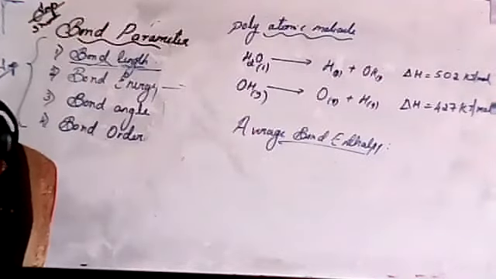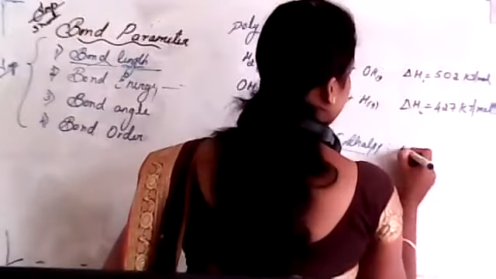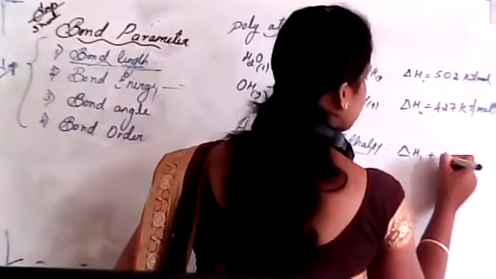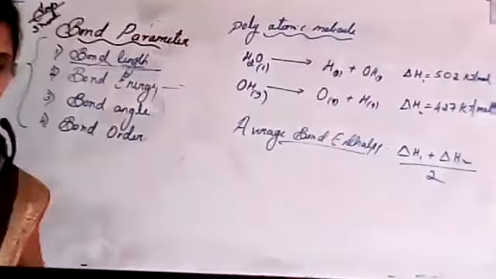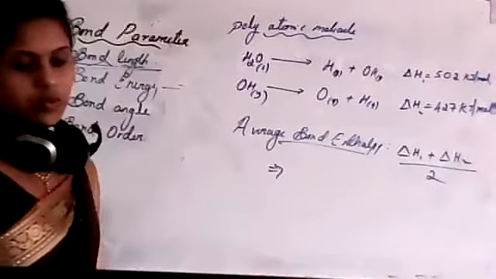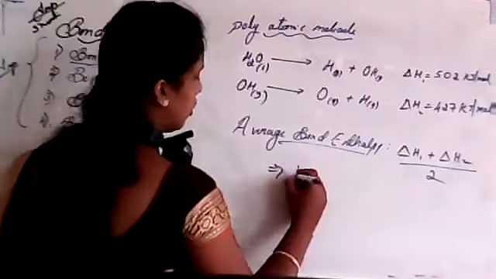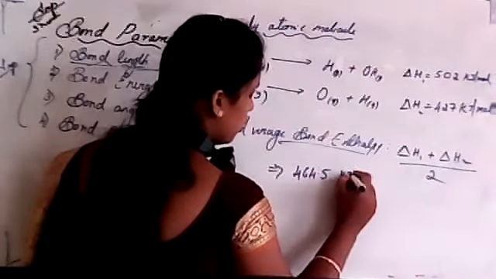Average bond enthalpy for water, if I consider the two steps as 1 and 2, is delta H1 plus delta H2 divided by 2, isn't it? So then we'll get somewhat 464.5 kilojoule per mole.